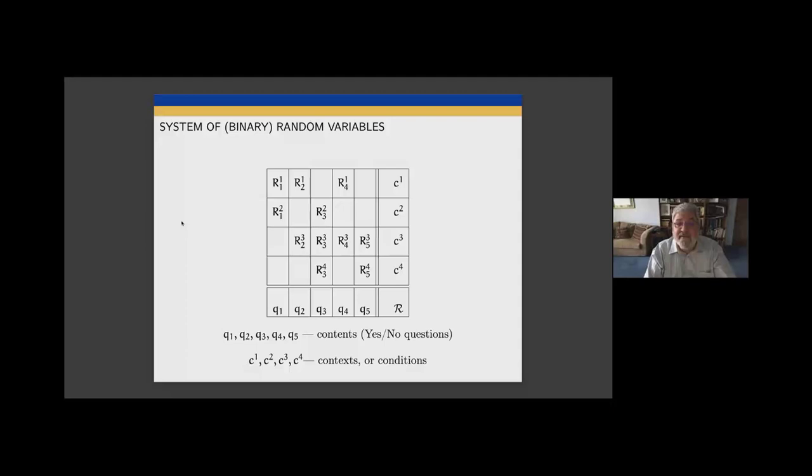Now, the second way in which random variables are arranged is by contexts. It's simply the conditions under which certain set of random variables is being recorded, and this forms a system of random variables that is being analyzed. Now, within each of the contexts, we have several random variables referred to as bunches, and they are jointly distributed.